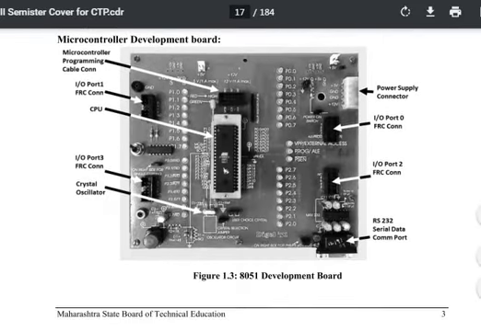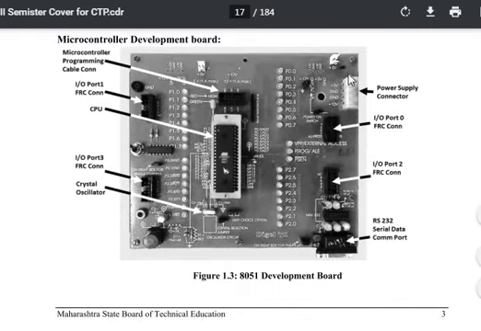Next we see the block diagram of the microcontroller development board used for practical purposes. The development board uses the Atmel microcontroller 89C51 or 89S52 as the CPU. Next, it has an inbuilt FRC connector connected with port 1, port 3, port 2 and port 0.